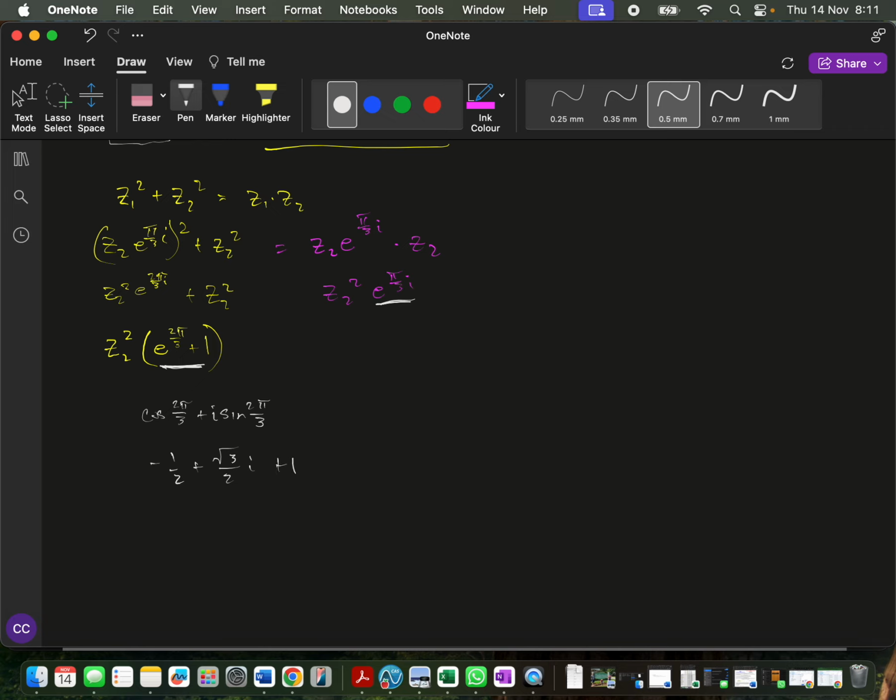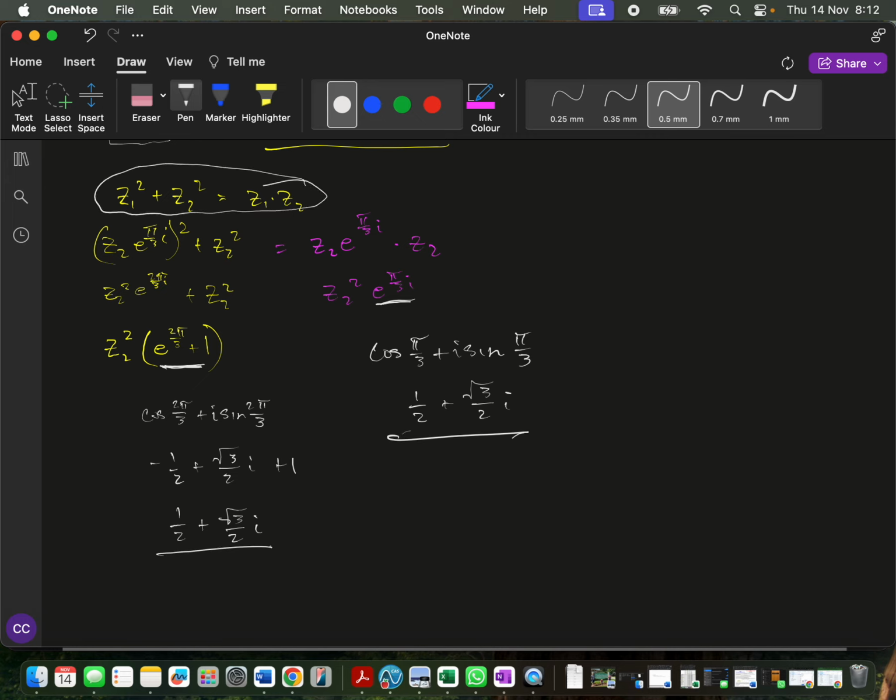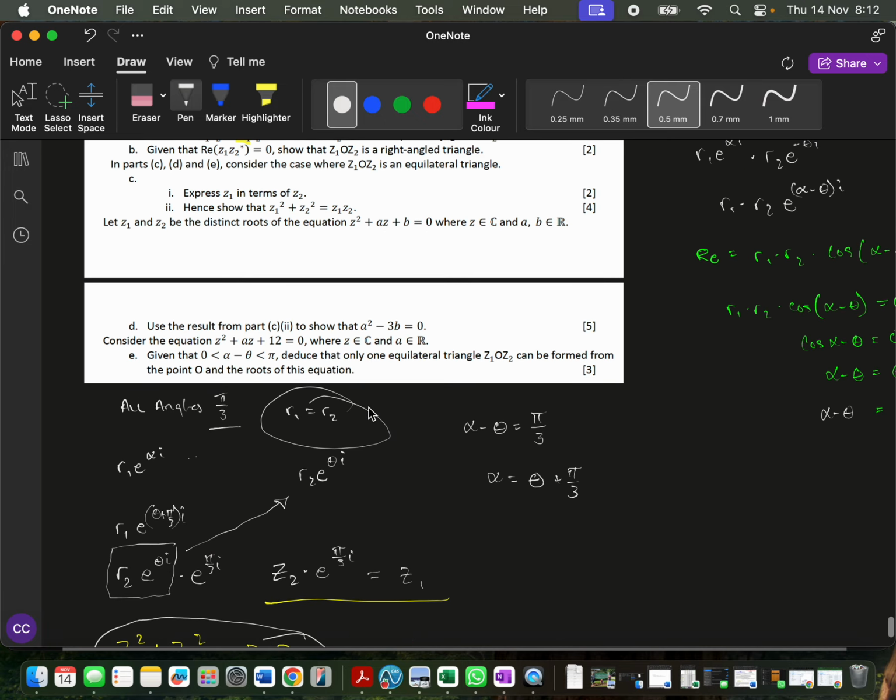And then when I add 1 to that, I would get 1/2 plus root 3 over 2 i. Working here, cosine of pi over 3 plus i sine of pi over 3 is 1/2 plus root 3 over 2 i. These two are equal, so these are equal to each other. All right, I can dig it.